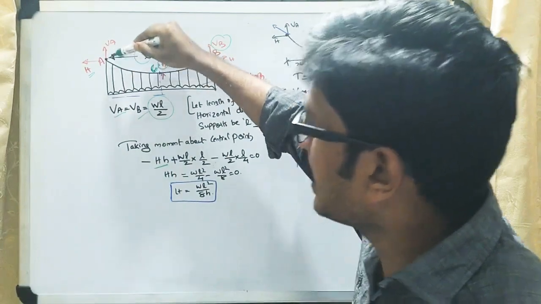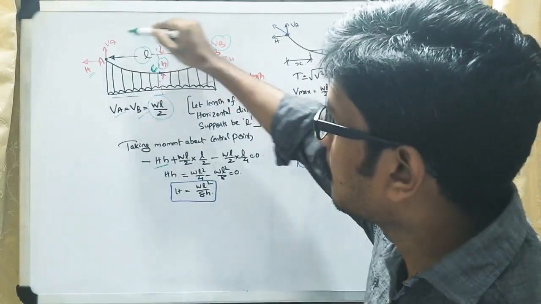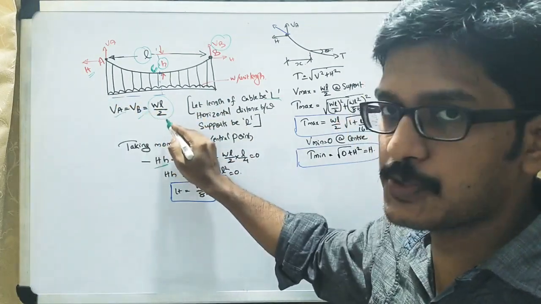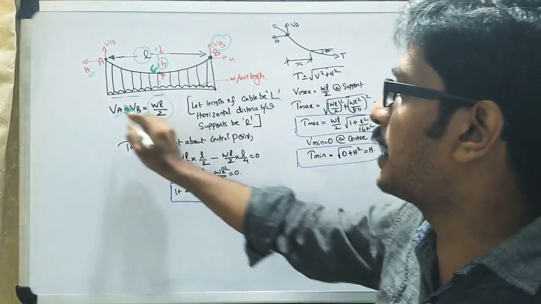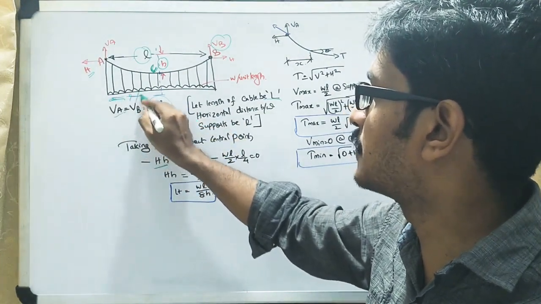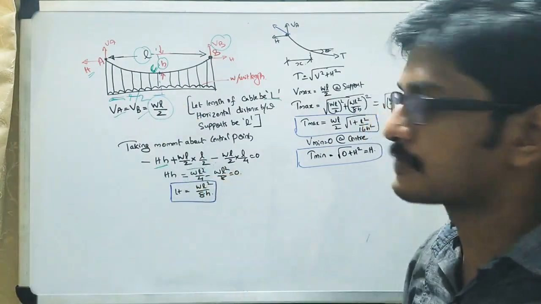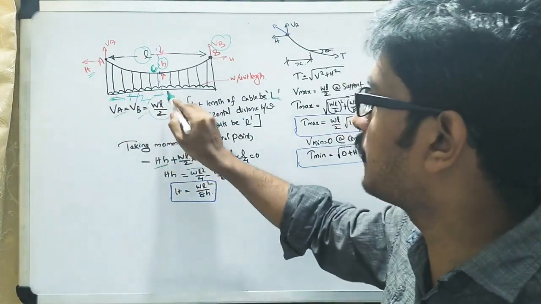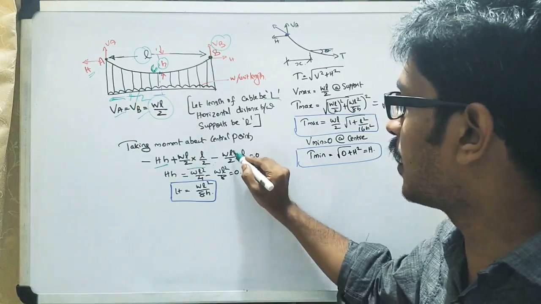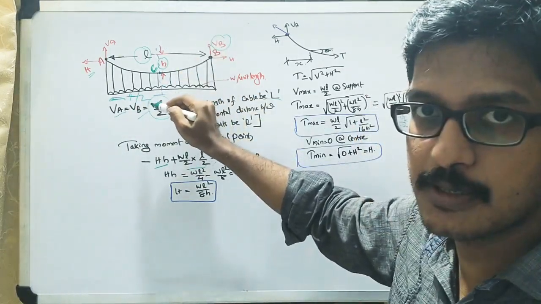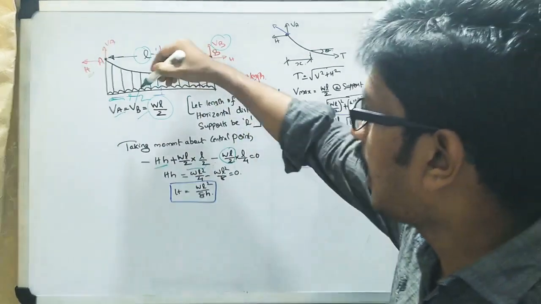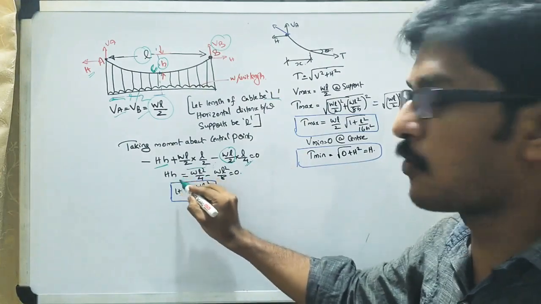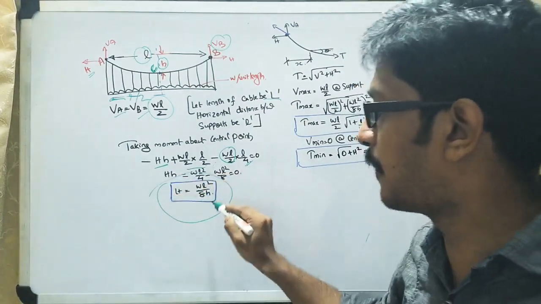Then VA is in the clockwise direction, so we take WL by 2 multiplied by the distance L by 2. Then the UDL on this half portion has magnitude W into L by 2, acting at a distance L by 4. When you solve, you finally get the horizontal thrust as WL square by 8h.